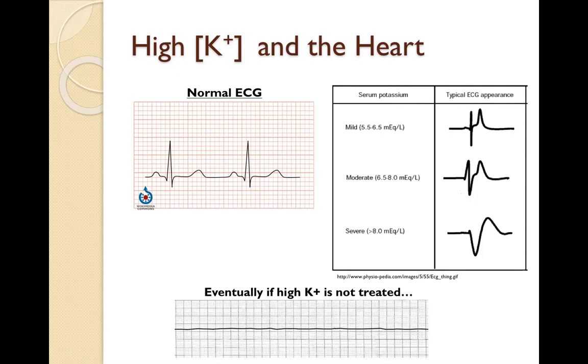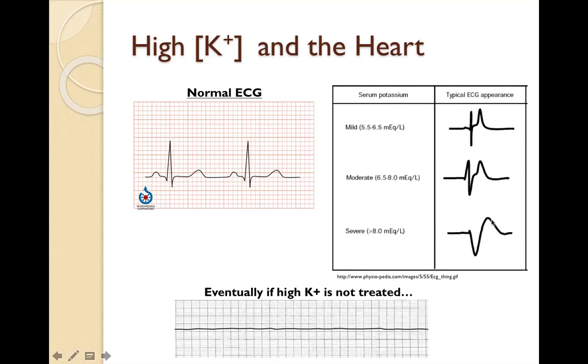If you go up even further, you notice that the QRS complex spaces out even more, and it almost becomes one with the repolarization event, because depolarization is now extremely hard to have occur. And this almost looks like a sine wave.